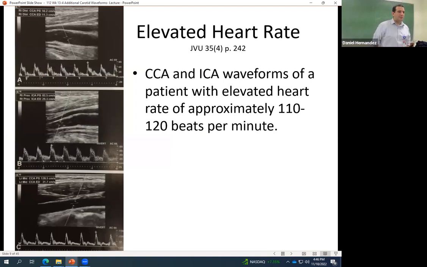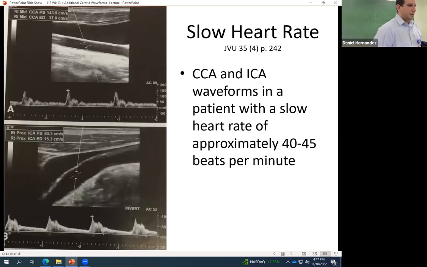So when we're Doppling, we could tell if a patient has elevated heart rate. So we know who's had their coffee in the morning, versus someone who's nice and calm and relaxed. And we can also tell patients who are very bradycardic.